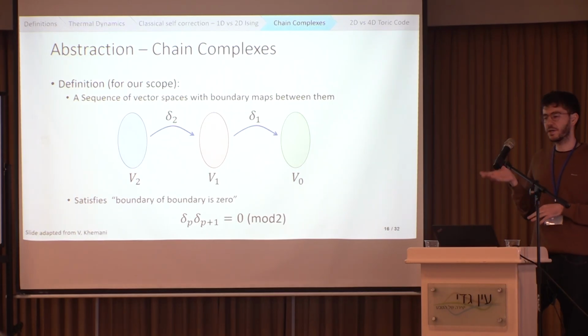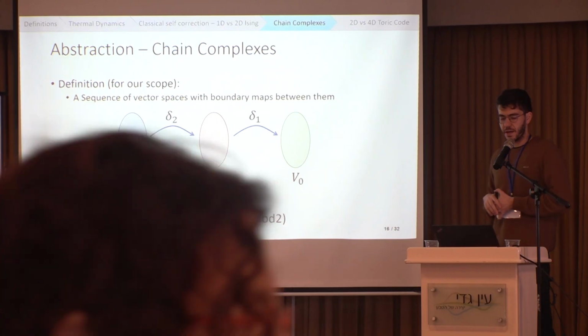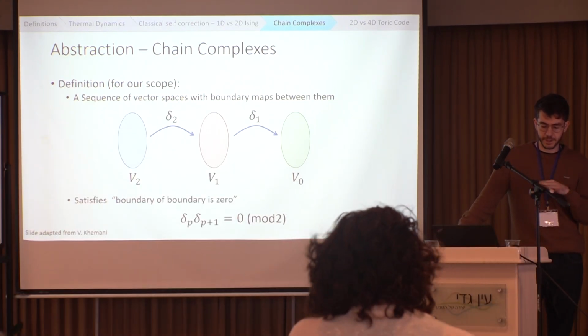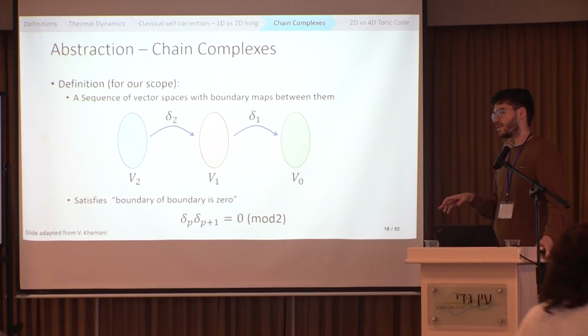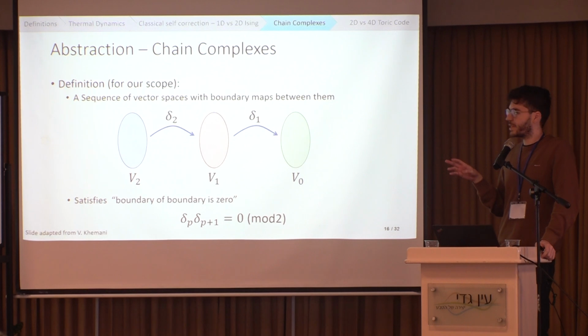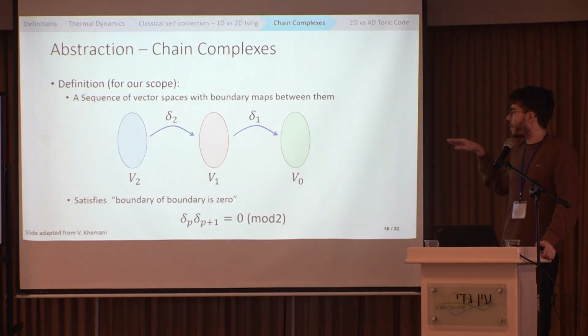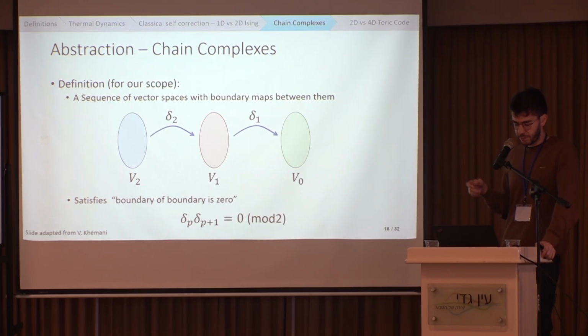Okay, so moving on to chain complexes. The definition for our scope would be a sequence of vector spaces with boundary maps between them. And because they are boundary maps, they satisfy the fact that a boundary of a boundary is 0.